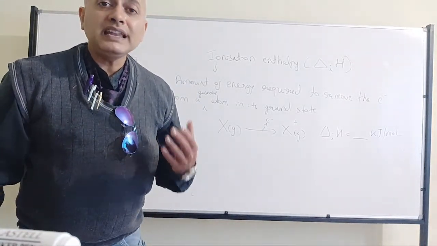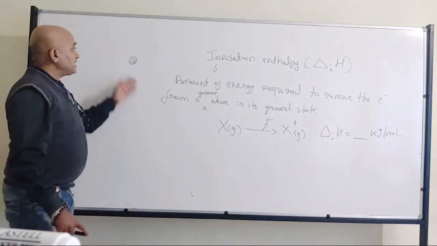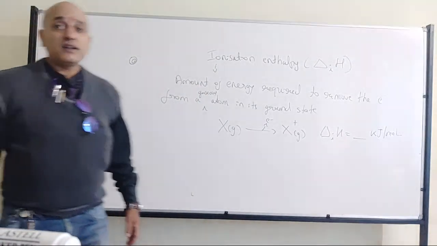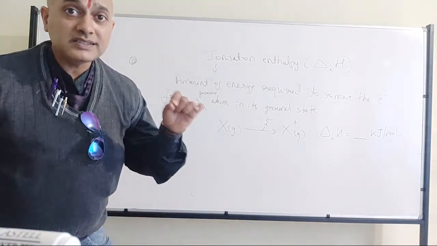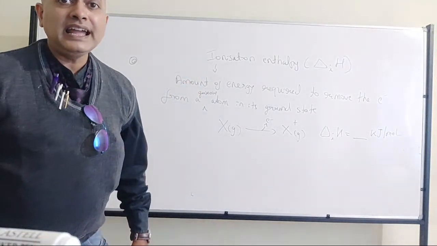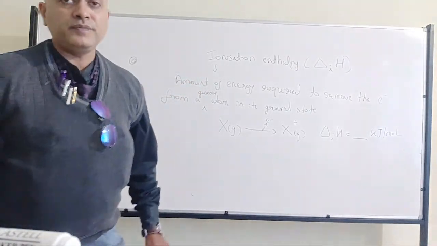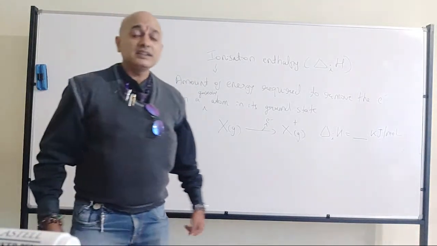There will be electron repulsion, so they cannot take up the electron. But due to their smaller size itself, they will have the highest ionization enthalpy also.